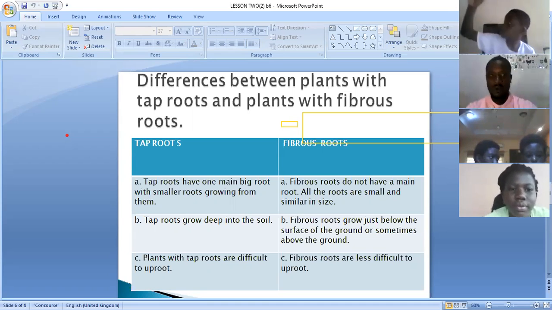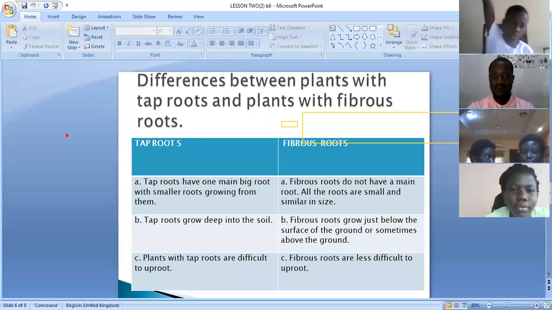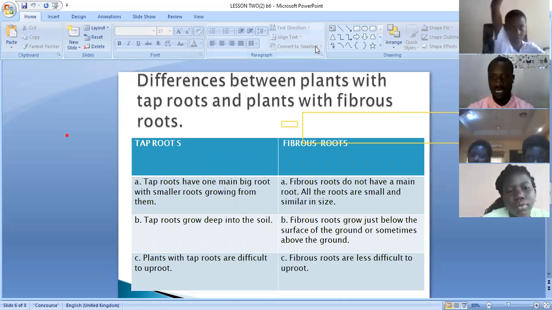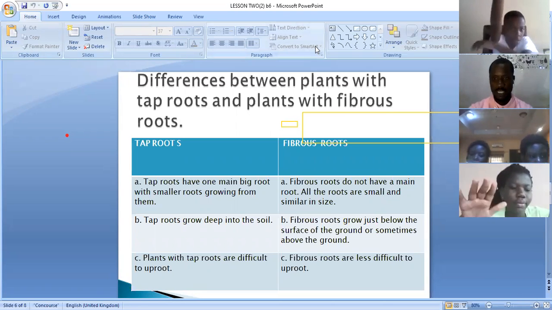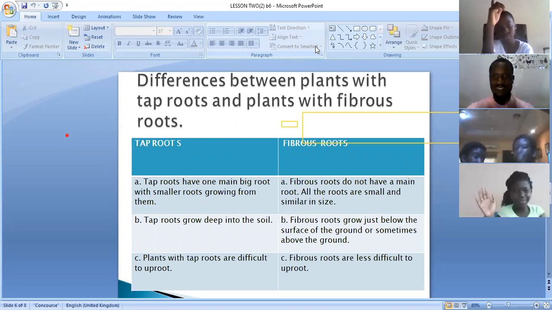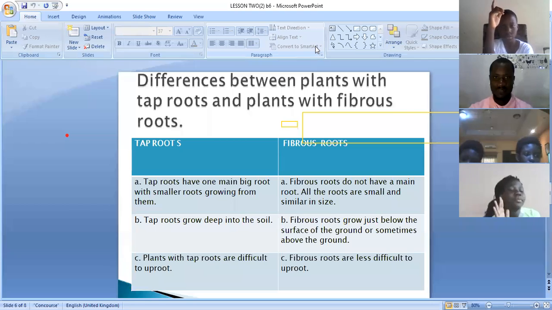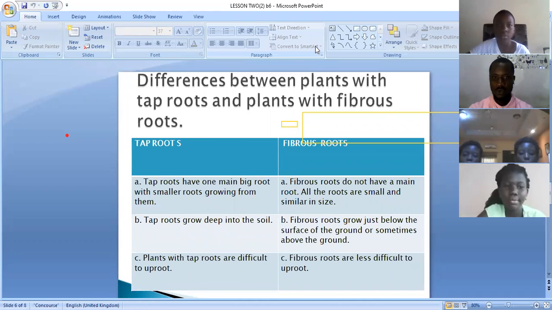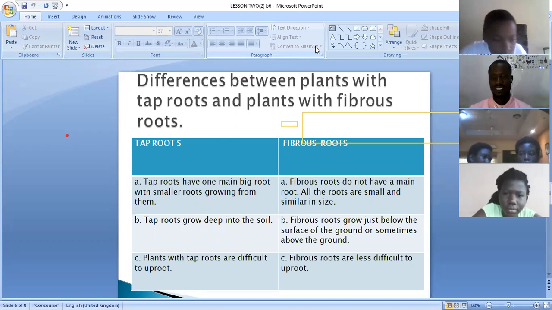So what the taproot means is that it has a very big root that goes deep into the soil. But you have other smaller roots that also support it. But likewise, the fibrous root doesn't really have a big root, but all the roots are small.